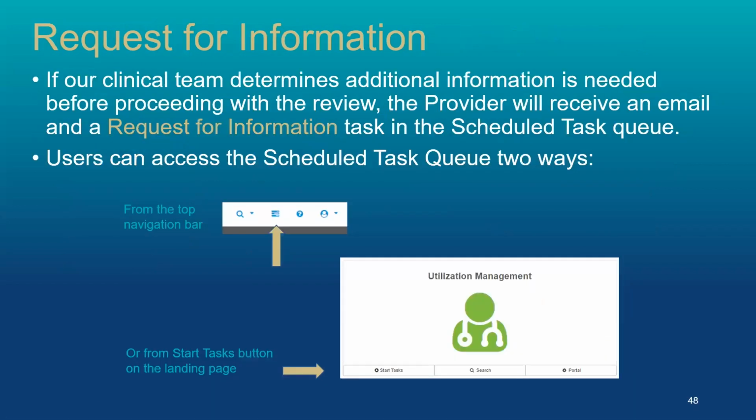So I've mentioned request for information a couple times. If our clinical team starts the review and they determine that they don't have enough information to proceed with the review, maybe something's not meeting criteria based on the information that we have, instead of just outright denying it right then and there, we will typically send a request for information and say, okay, this is the piece we're missing.